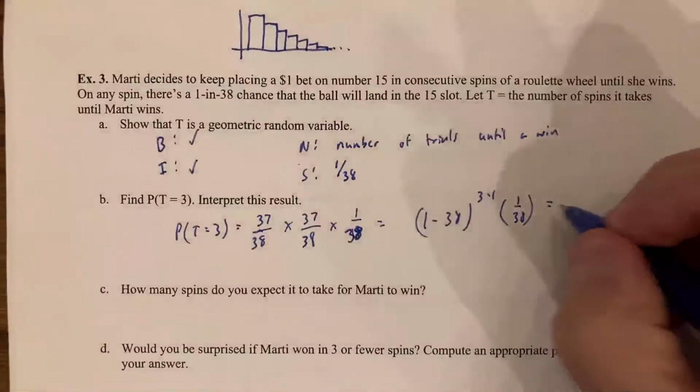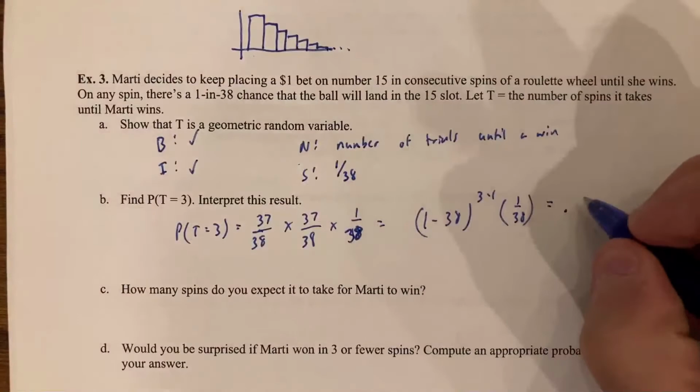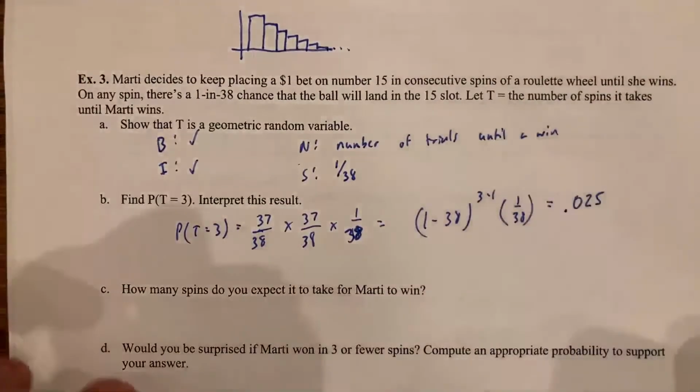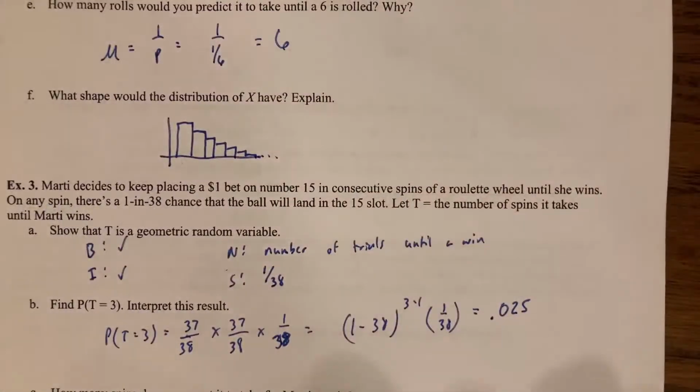And you end up at 0.025. Wow, she'd have to be pretty lucky. So we'd say there's a 2.5% probability, or 0.025 probability, that Marty wins for the first time on the third spin.